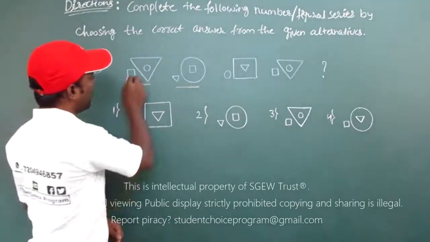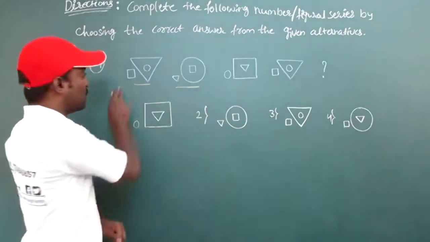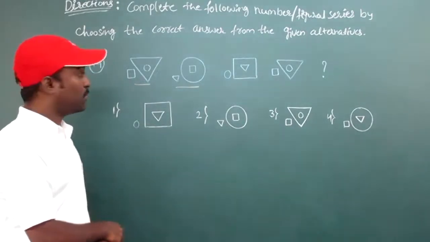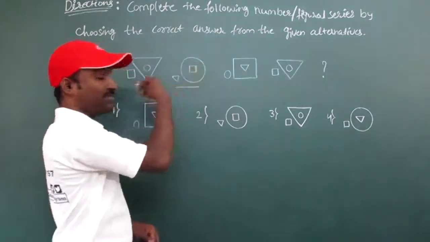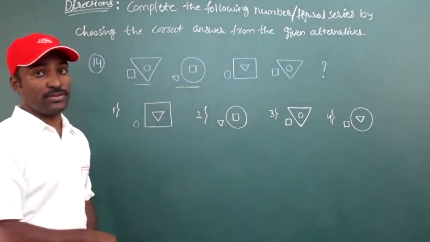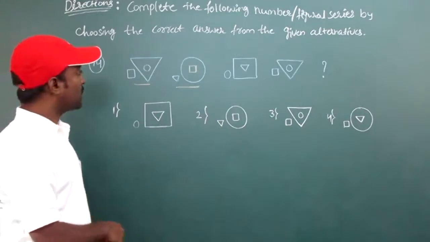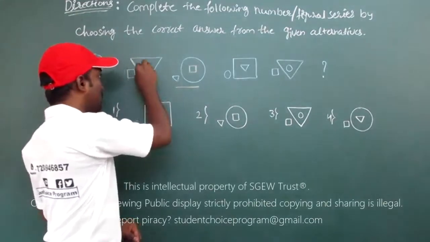I am having a square here which is outside, but in the second figure it is inside. The outside figure is becoming inside figure. Okay, next I am having a triangle here.